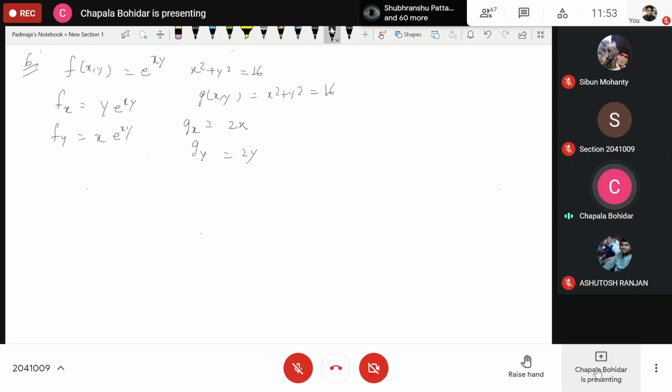So according to your formula, y e to the power xy is equal to lambda into 2x. x e to the power xy is equal to lambda into 2y. Is it not? So multiply here x and here y.